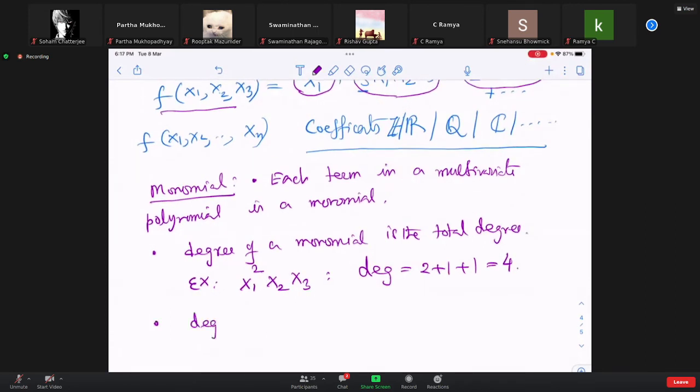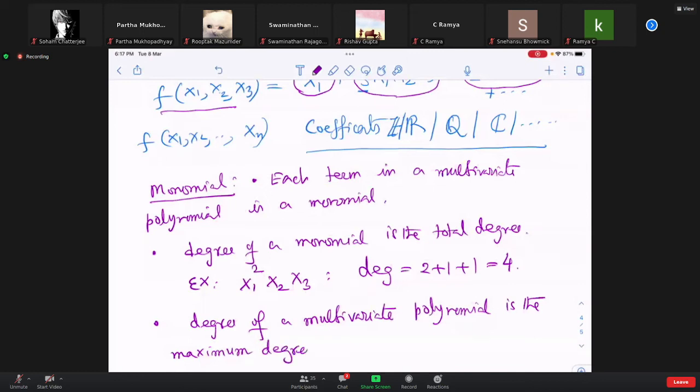So the degree of a multivariate polynomial is the maximum degree over its monomials.